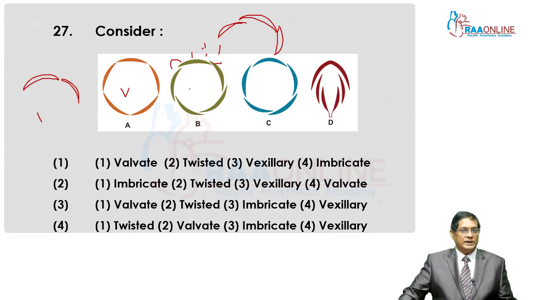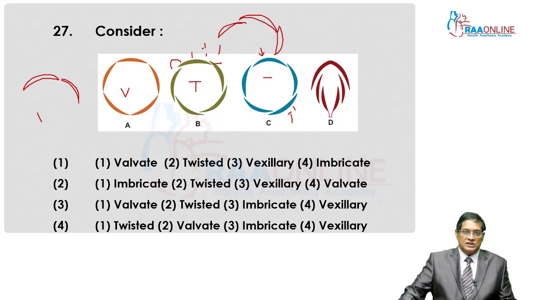Such an arrangement is known as twisted. Then see, there is no definite orientation. One petal is completely overlapped from both sides and one petal is completely out, that is, it overlaps the two neighboring petals. Such a case is known as imbricate.